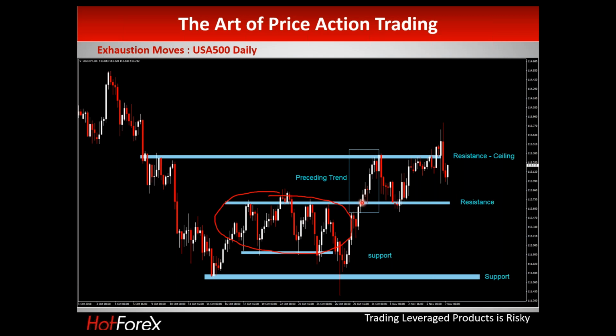Once it broke this resistance level and kept extending the upward movement, I found a new ceiling, a new resistance, because I noticed that for 1, 2, 3, 4, 5 consecutive sessions, it struggled to break above this level, but it turned down again. So that was my next resistance level. Now that resistance level was turned into support.